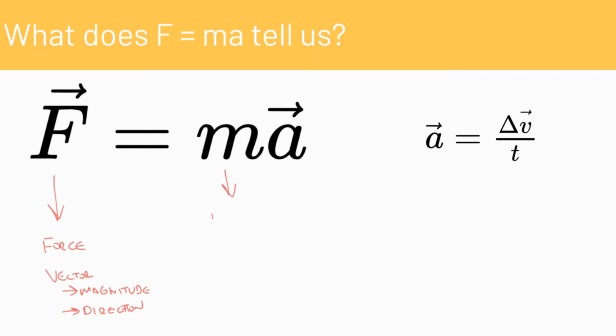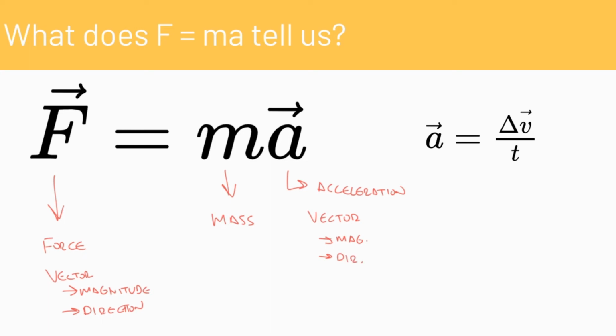M is the mass of the object, so how massive is the object, and then A is the acceleration on the object. And acceleration is also a vector. So again, to know everything we need to know about acceleration, we need to know the magnitude and the direction of the acceleration.